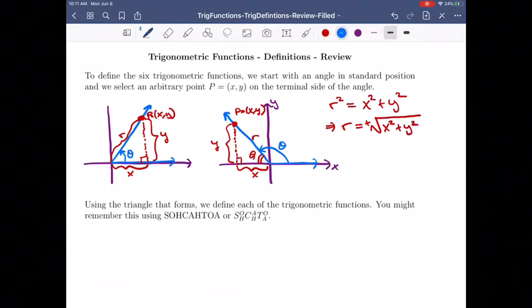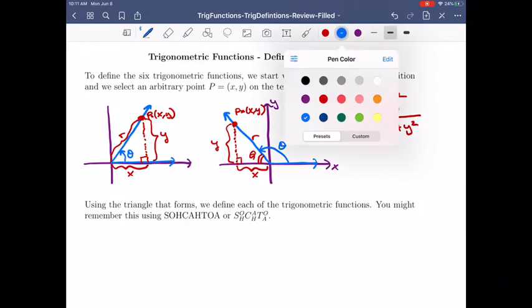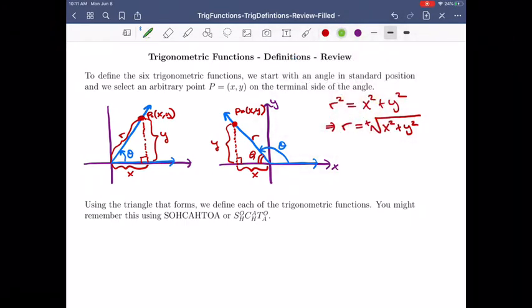Now from our angle, or our reference angle, we have some special names for these sides. So the r side we call the hypotenuse. I'm going to use hyp for short. The side that's across from the angle that we're interested in is the opposite side.